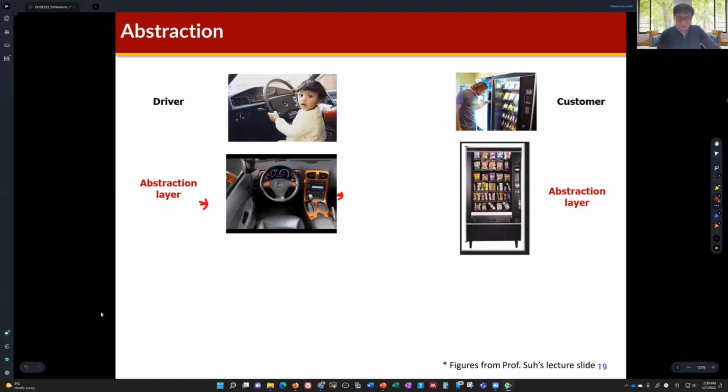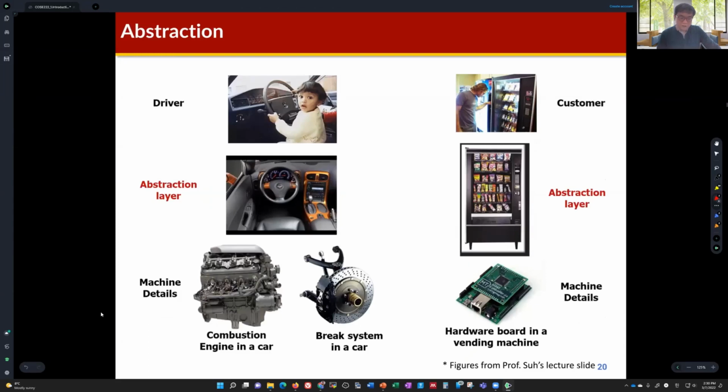Inside the car there are many complex components such as engines and brake systems, but you don't need to know how the engine or brake system works. The required knowledge is how to use the handle or the brake. That's it.